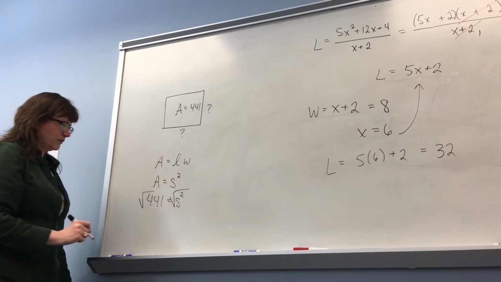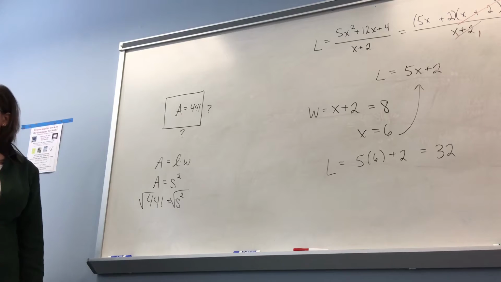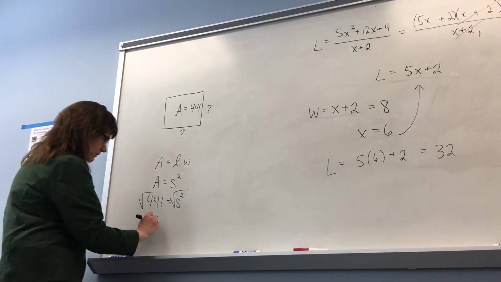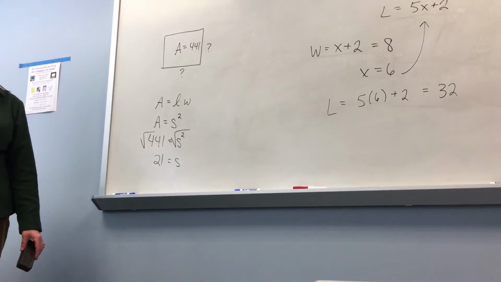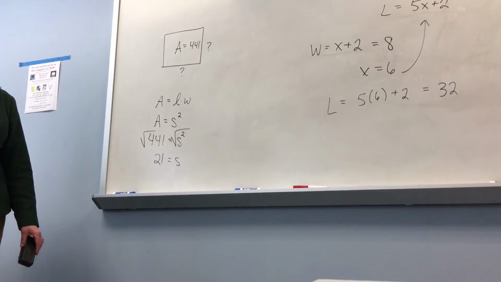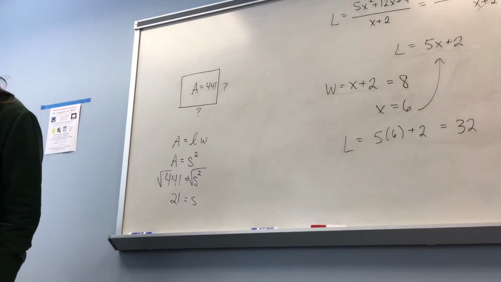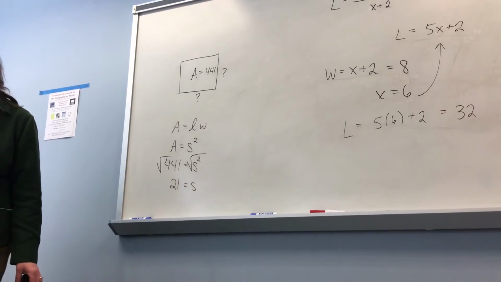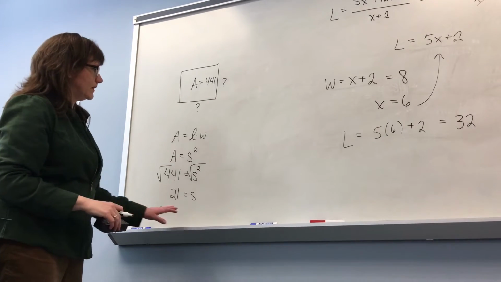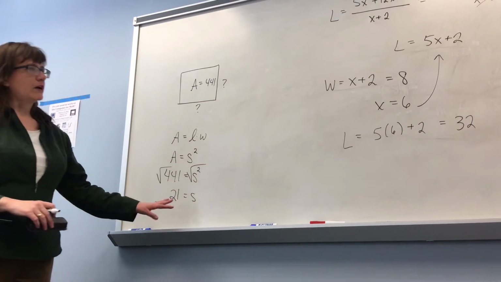And the square root of 441 is 21. So the dimensions of the box would be 21 by 21 by 10, because the bottom is a square.